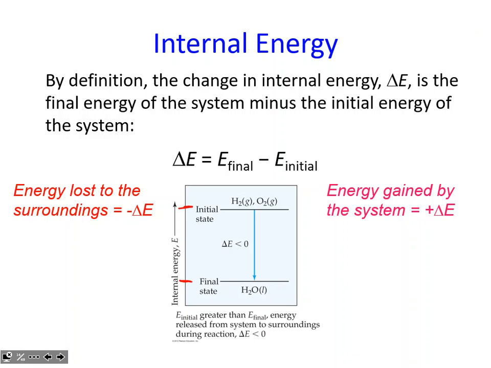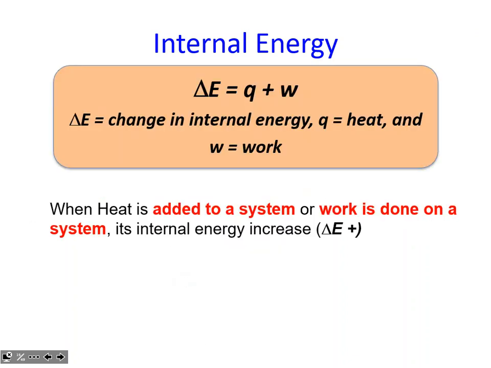That difference heads to the surroundings. So energy is lost by the system. There's more energy in the bonds of the hydrogen and oxygen than there are in the bonds of the water. So that energy, once it forms the water, has to go somewhere. It leaves and goes to the surroundings. And when it's lost to the surroundings, we know delta E is negative. That's why it's showing delta E is less than 0, because it's negative.